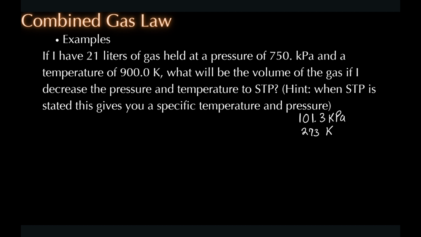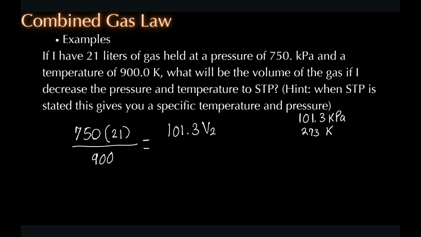So we are going to get our 750 kilopascals multiplied by our initial volume of 21, all divided by our initial temperature of 900. Set this equal to the standard pressure, 101.3, times the unknown variable that we are solving for, our V2, all divided by the standard temperature of 273.